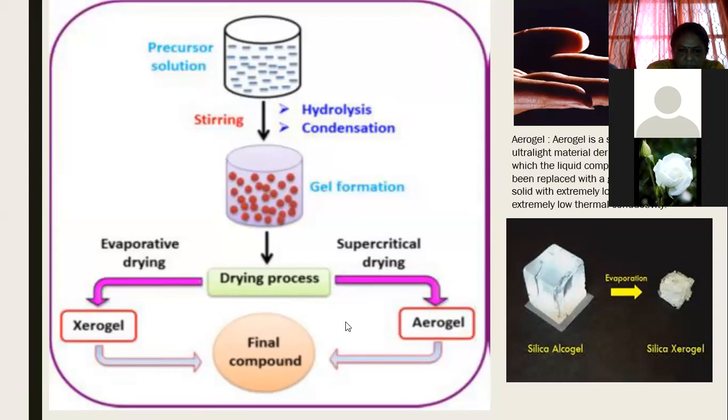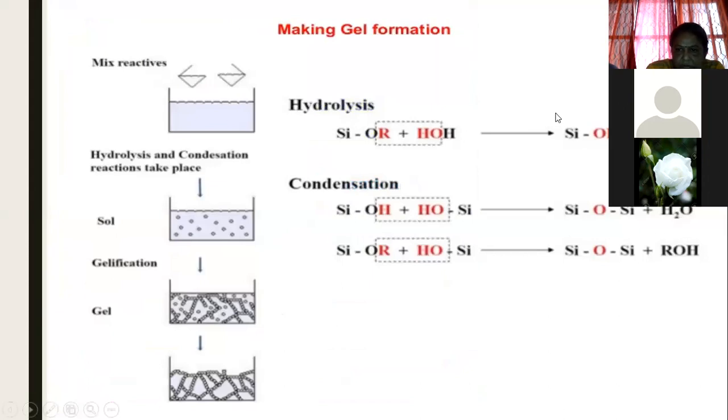Okay, so this is the final compound in the form of either aerogel or xerogel you get after the sol gel process. So what I have told you is this: instead of metal, any metal, you can have the metalloid or the silicon taken, and hydrolysis happens here. This is the entire reaction. So here the bond forms like Si-O-Si or M-O-M, what I have shown you.